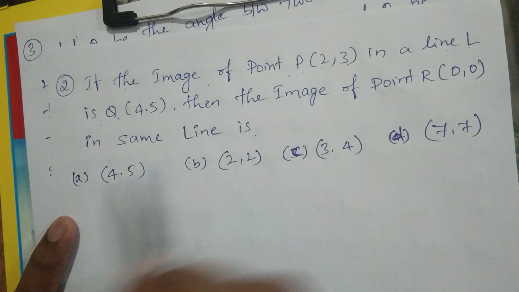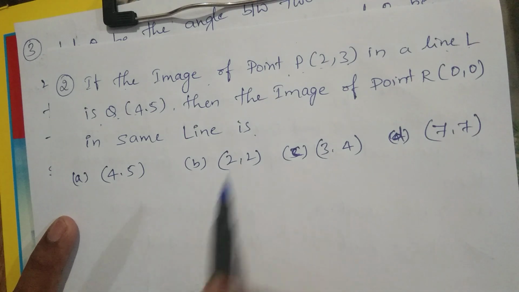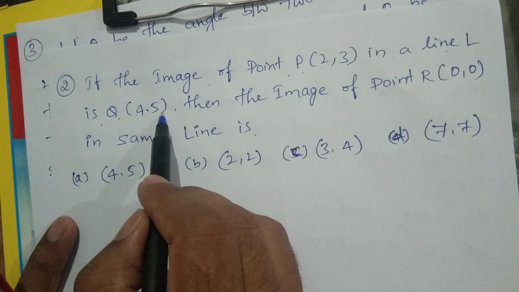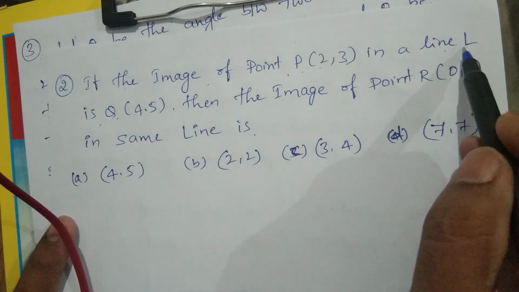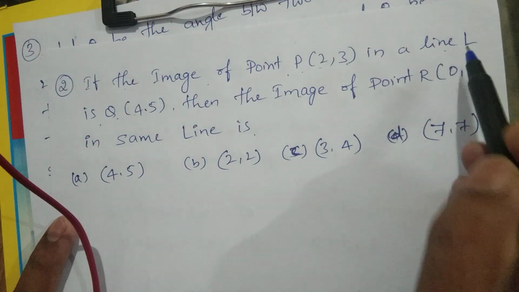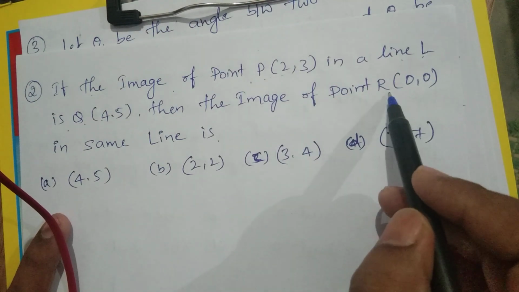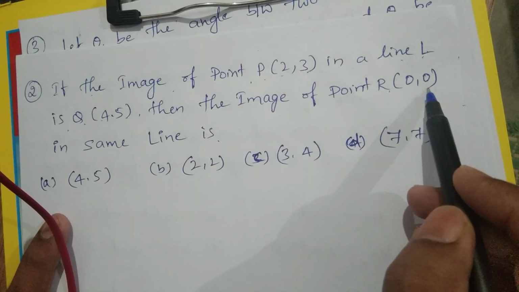They have given that the image of (2, 3) is (4, 5) using the line L. Using the same line, I should find the image of R(0, 0).